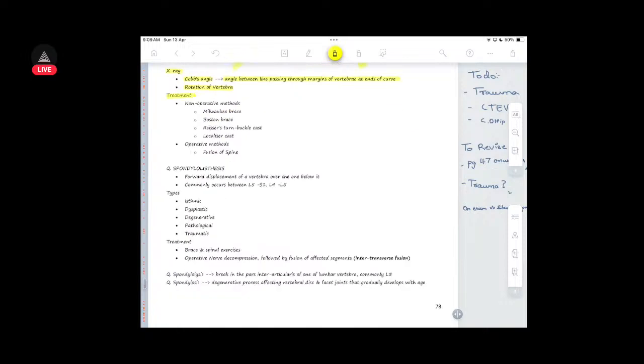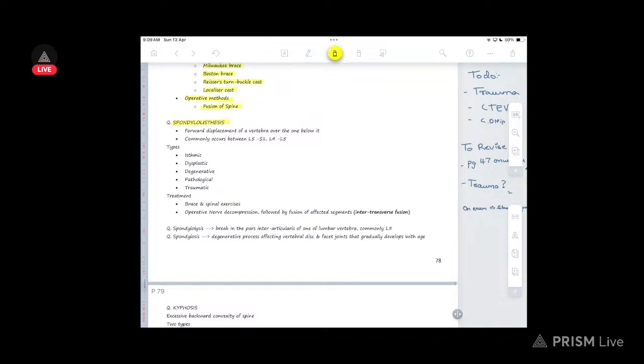Treatment can be non-operative or operative. In non-operative, you can give a Milwaukee brace, Boston brace, Risser's turnbuckle cast, and localizer cast. In operative methods, you have to fuse the spine.